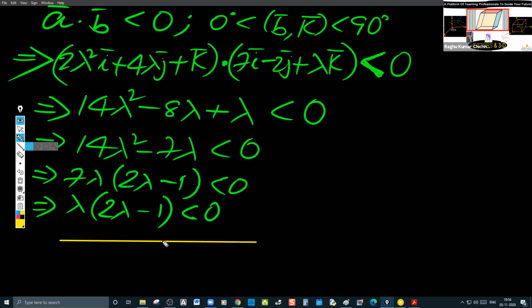Mark the number line and mark the roots there: 0 and 1 by 2, and start from the extreme right with plus or minus alternately. What we need is minus, so you will have between 0 and 1 by 2. Lambda value lies between 0 and 1 by 2.